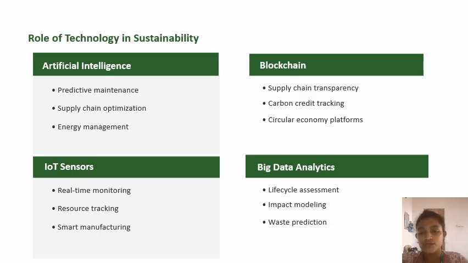Blockchain is mostly used for supply chain transparency, carbon credit tracking, and circular economy platforms. IoT sensors are mostly used for real-time monitoring, resource tracking, and smart manufacturing. Big data analytics is most important in sustainability. It helps with life cycle assessment, impact modeling, and waste prediction.